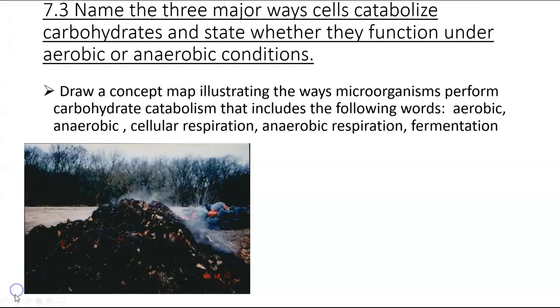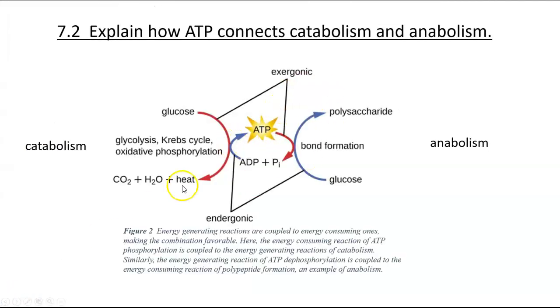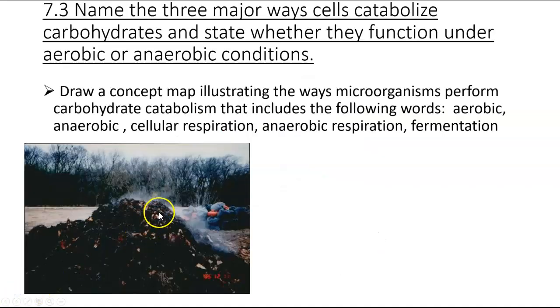Remember the image we looked at previously: when we do catabolism, we take larger molecules and break them into smaller ones, and we generate not just ATP, but also heat. So when you look at this pile, you're seeing the heat created by bacteria in this pile of mulch. So we know carbohydrate catabolism is going on there.